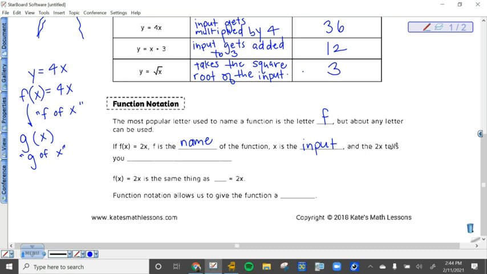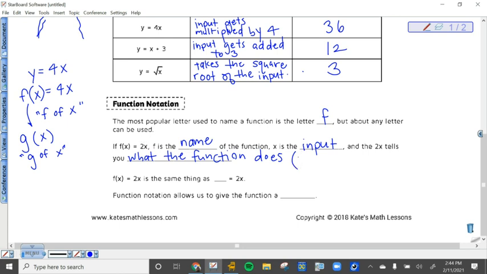And that 2x tells us what the function does. Which in this case, what does the function do to the input? What happens to x when it's put into the function? What's happening to x here?